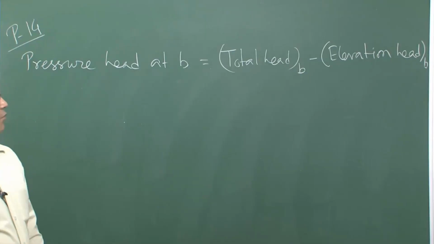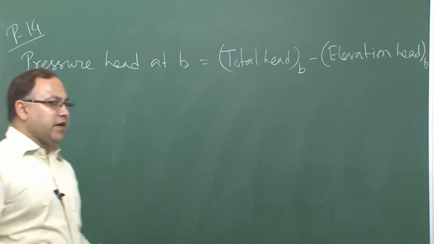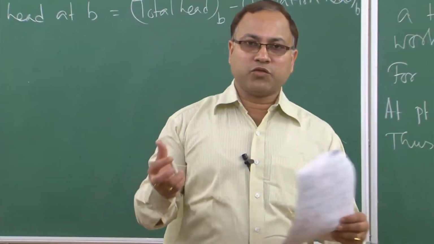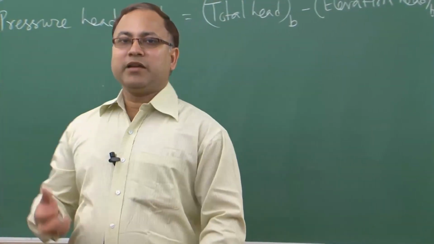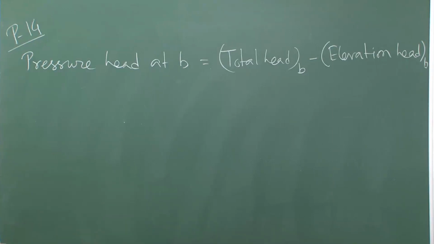The total head minus the elevation head will give you the pressure head. That means the total head is equal to pressure head plus elevation head plus velocity head. So, all those heads will be added together to get the total head, right.